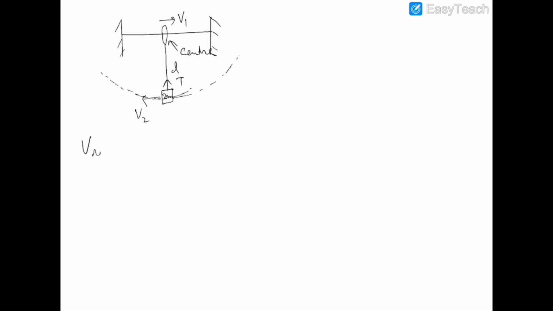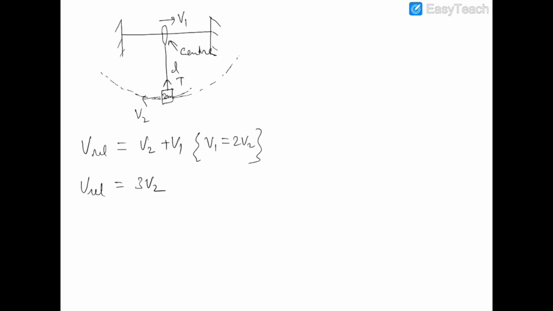So V relative of the block with respect to the ring is equal to V2 plus V1 because they are in opposite directions. So V1 is already equal to 2V2, so V relative is equal to 3V2. We have substituted the value of V1, which is equal to 2V2.